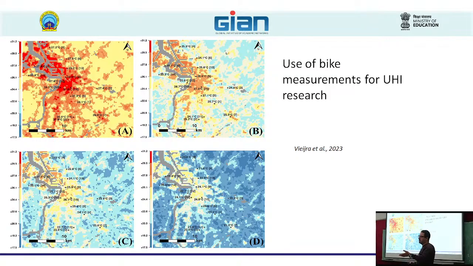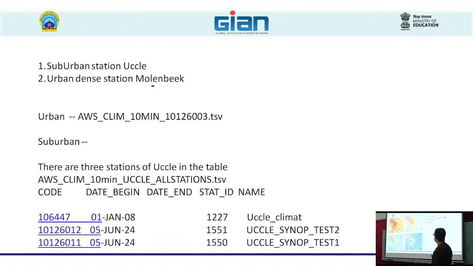We did this with the local climate zones. We cross with the bike, we have measurements, and then we apply this to all the local climate zones which are similar, and then you can get a map. So without having measurements everywhere, you can get a map like this. If you are interested, you can see this paper here. So this is another way of doing measurement in a city.